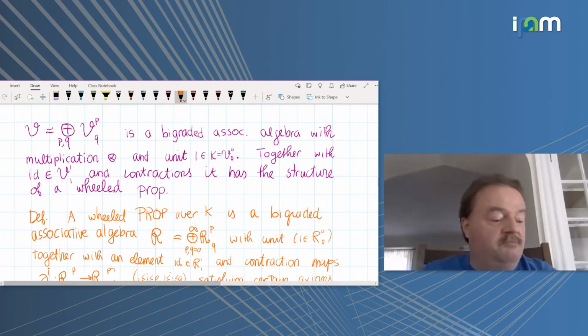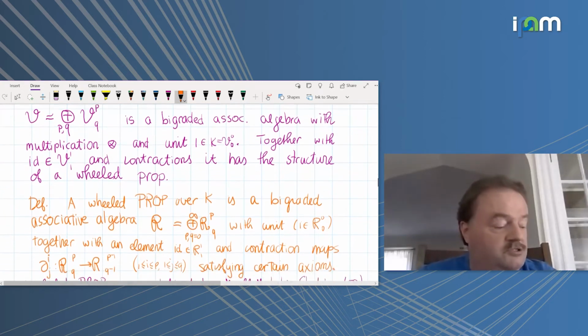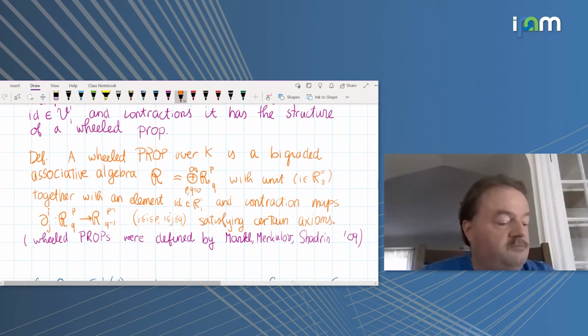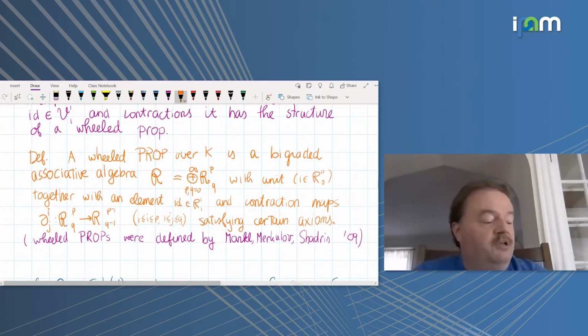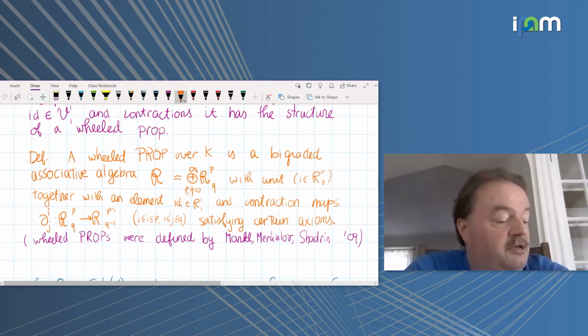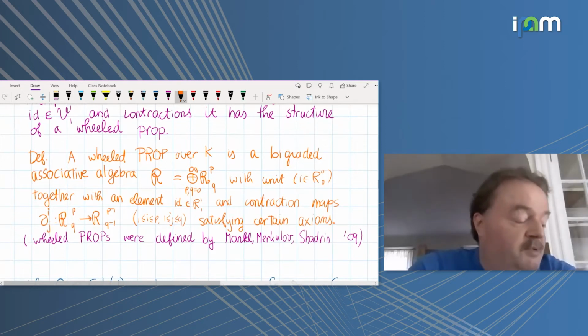So this is a structure which is called a wheeled prop. I'm not going to give the precise definition of a wheeled prop because that's somewhat complicated. But roughly, a wheeled prop is a bi-graded associative algebra with unit together with a special element, which is the identity.